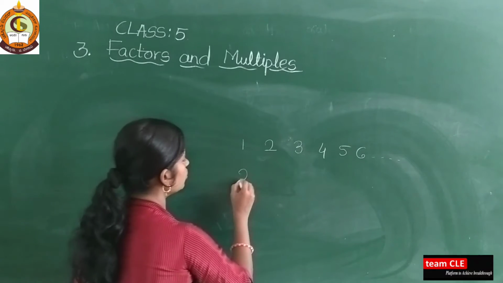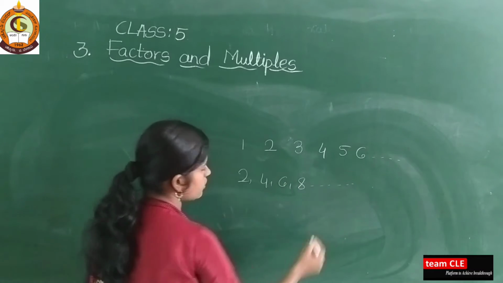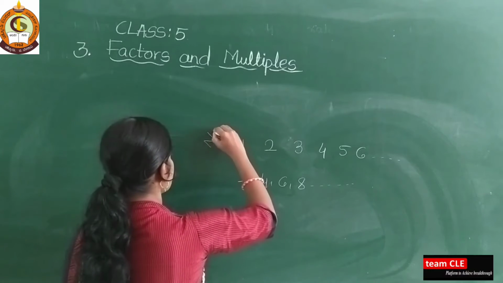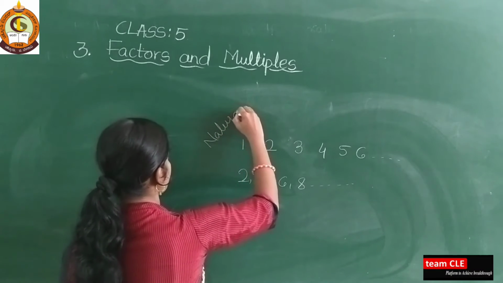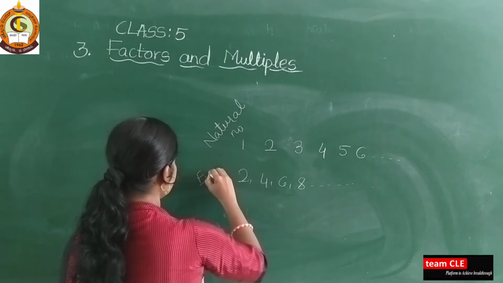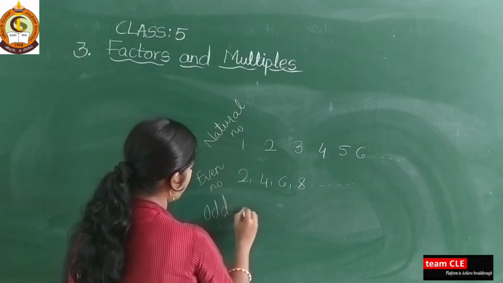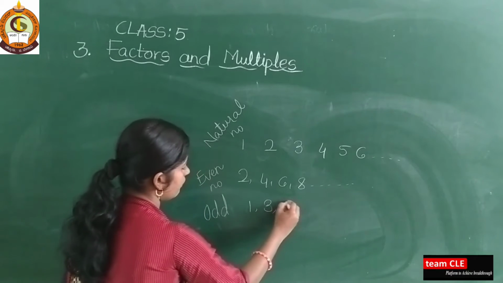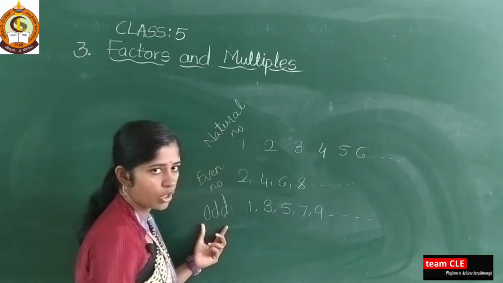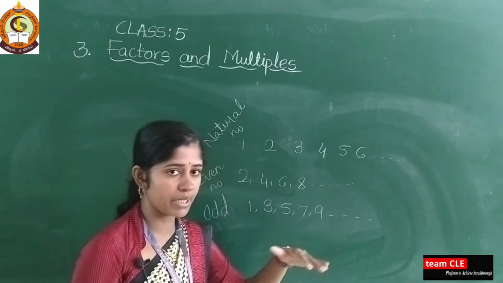See here, 2, 4, 6, 8, the multiples of 2, we call the even numbers. Next, you know about odd numbers: 1, 3, 5, 7, 9, and so on. All are odd numbers.